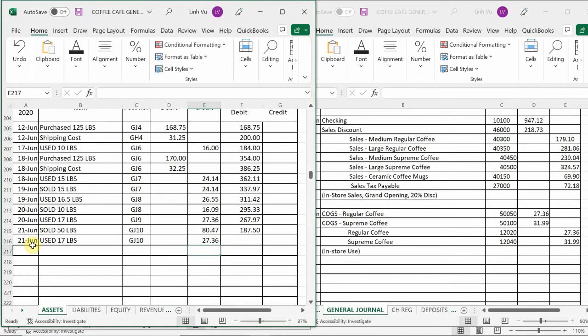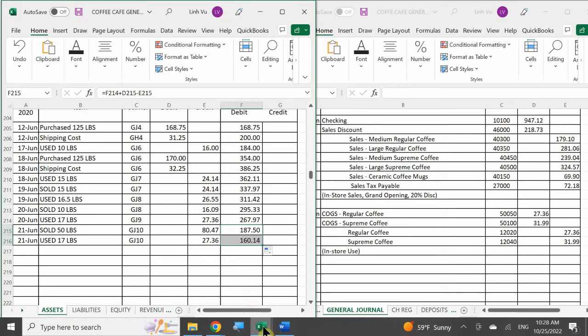So how much should I have left in my inventory? $160.14.